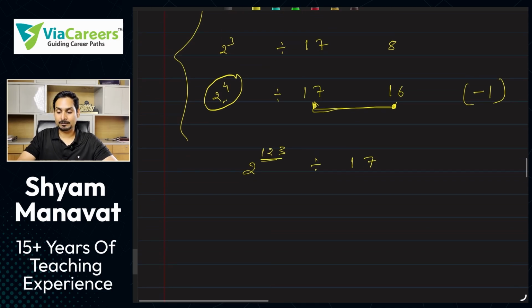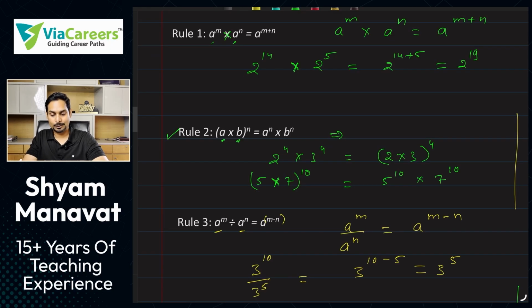I will convert this power 123 as a multiple of 4. So I will apply the property of indices in this case. Property of indices, we have discussed this in the third lecture, surds and indices. I hope you have done that.